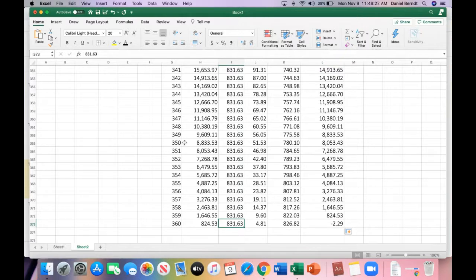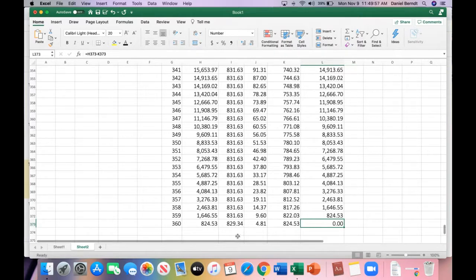So on a real amortization schedule, what would happen is we would go to that last payment there and we would say equals, we would say minus 2.29, enter, and then that last payment would just be slightly less than every other payment we've made, and that's how we get that ending balance there. Just so you all know, you shouldn't need to know that for any problems in this class, but this happens all the time. It's a rounding thing. And so that's how it's typically handled at the very end, is you'll just have one payment that's slightly smaller.